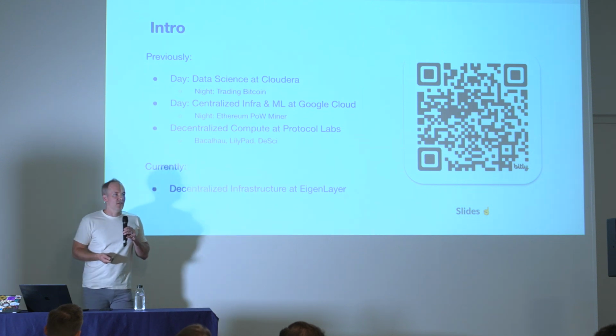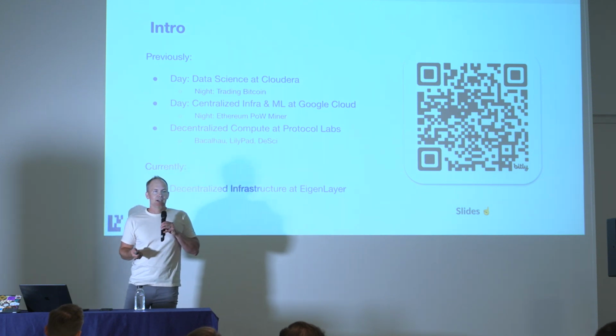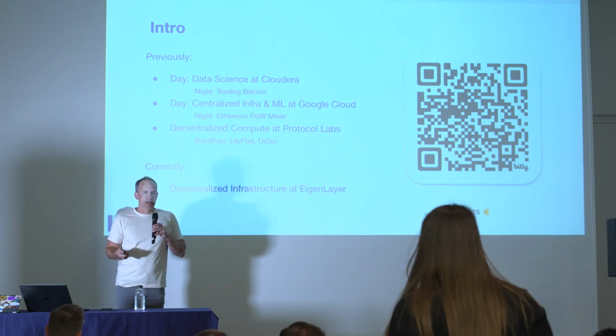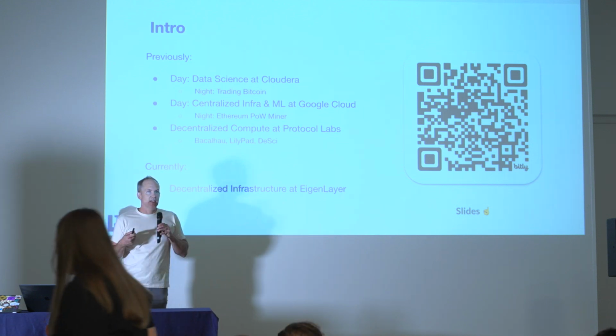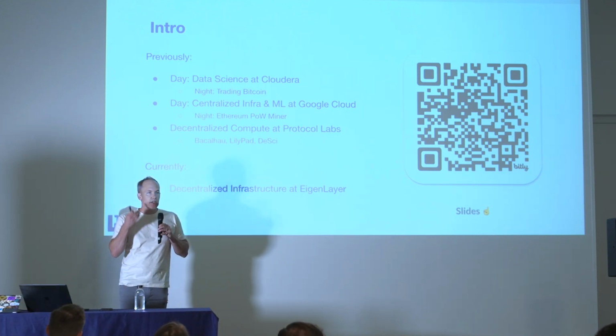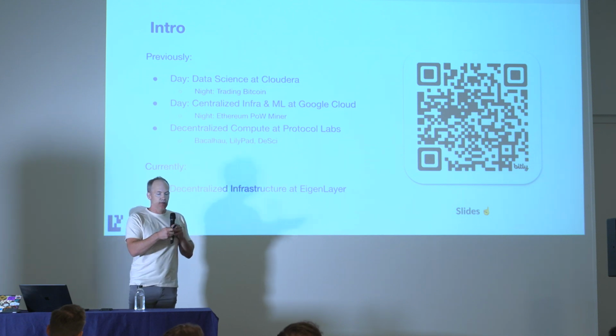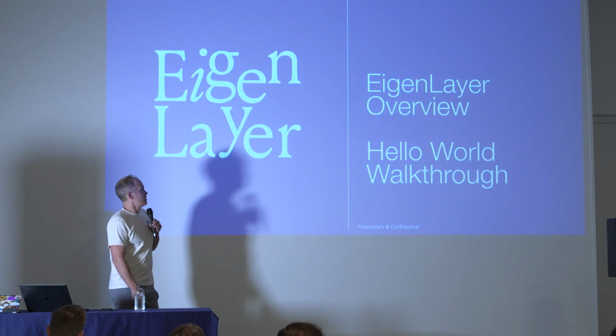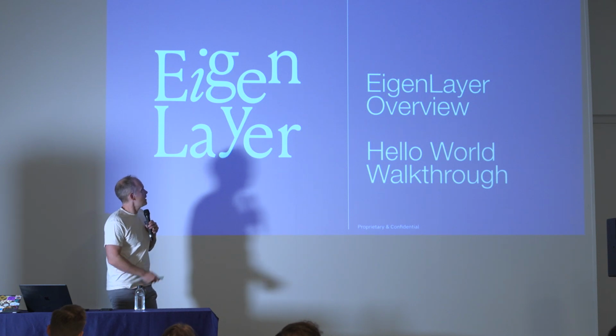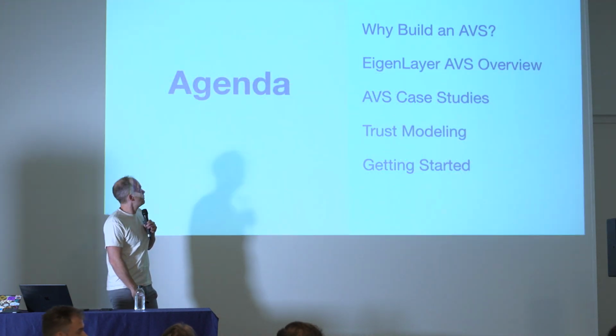So over the past year, I've been at EigenLayer, and I've been able to help work with AVS teams to build this out. And I think that EigenLayer shared security is a really helpful base layer for anyone who's building in Web3. And so that's what this talk is about, is how we can help your project by adding EigenLayer with shared security.